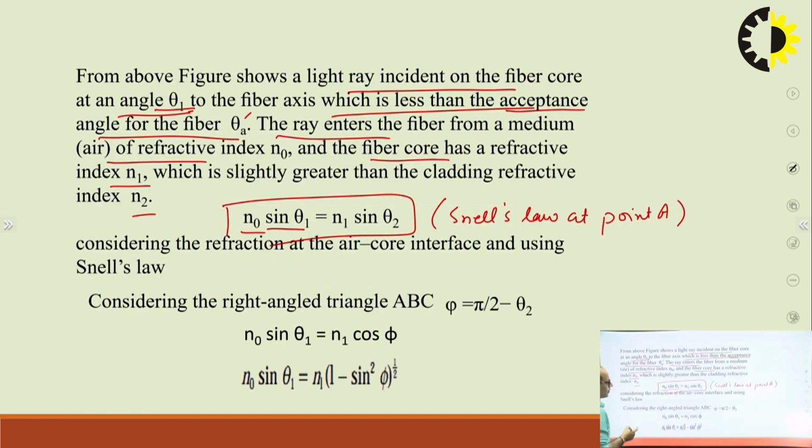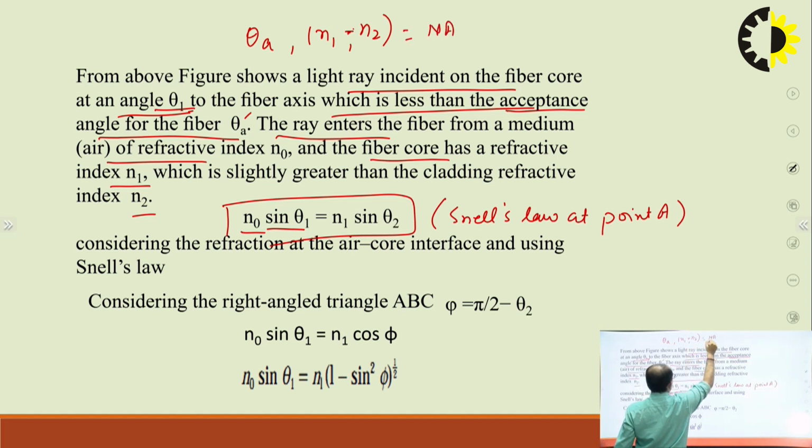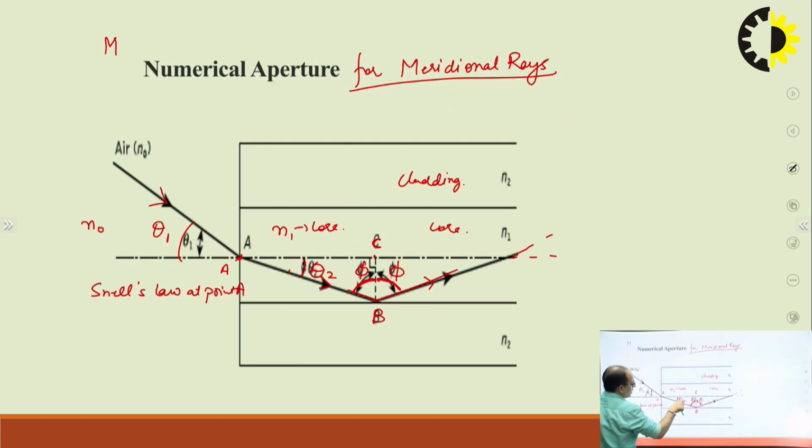Now I want to calculate the relation between theta A, n1, n2 and the numerical aperture. I want to see some relationship between the numerical aperture, the acceptance angle and n1, n2. Clear? So I have to eliminate this theta 2.